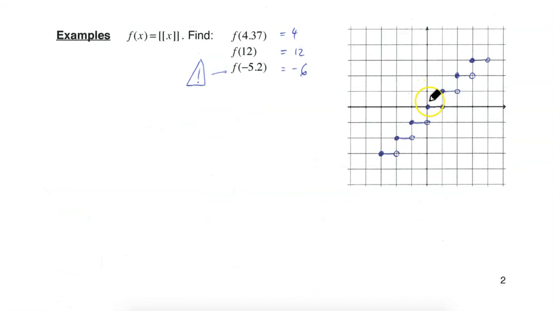So going back to the graph, if x approaches 0 from the right, we are approaching here, then the limit is going to be 0. On the other hand, if we approach from the left, so we're approaching this way, trying to make an arrow, we are approaching the value y equals negative 1.